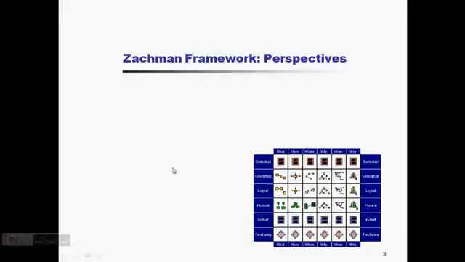In row 1, we're talking about the scope perspective. So it is about the scope perspective of the model, and it's about the context that establishes the universe of this course.